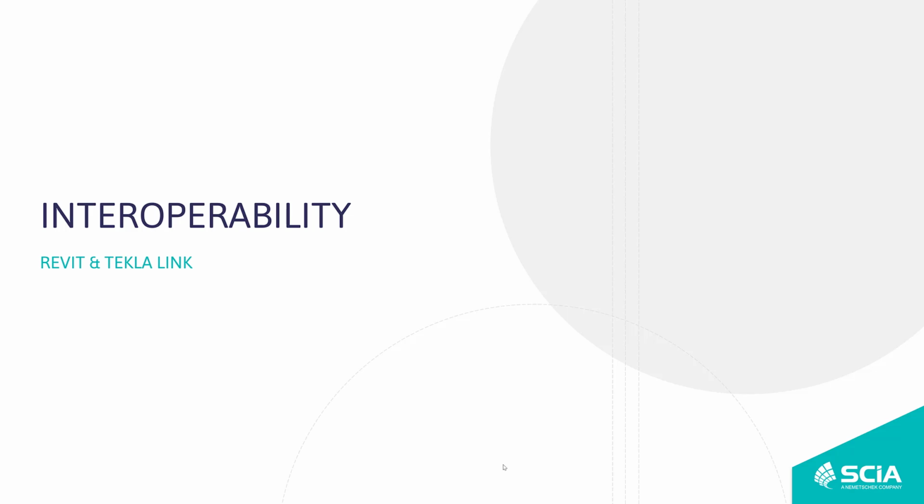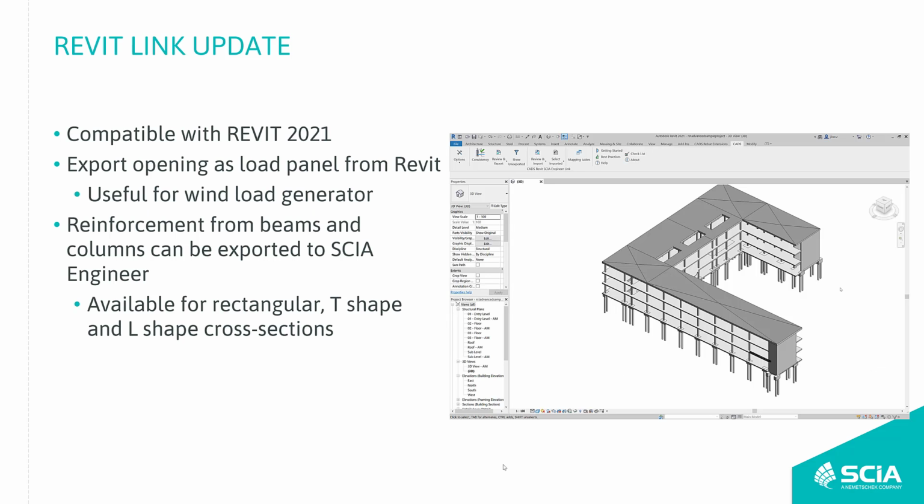We covered all of our material types like concrete, steel, aluminum. Let's talk a bit about interoperability, about the exchange of data from one software to another one. As you know, we are supporting direct links with Revit and with Tekla.